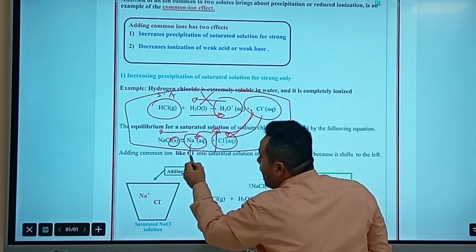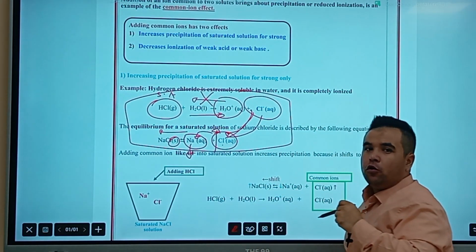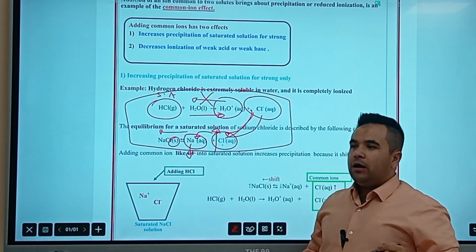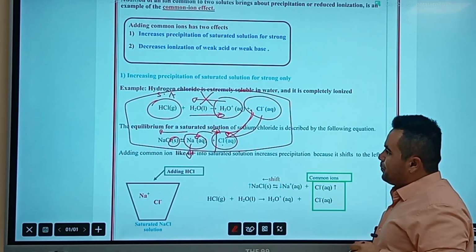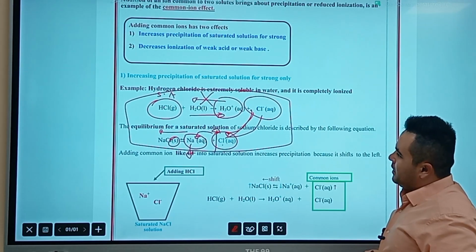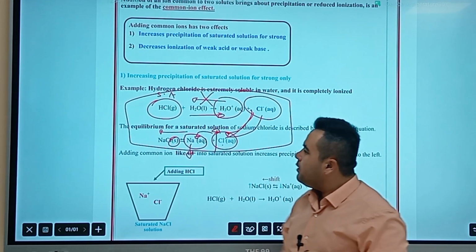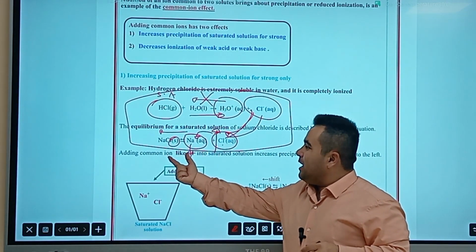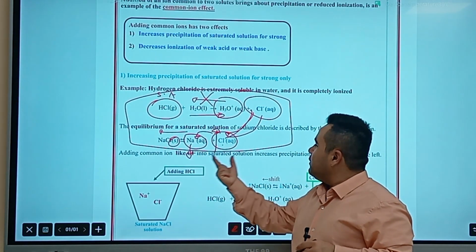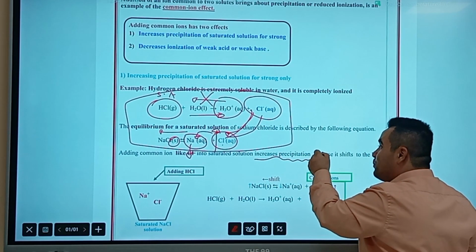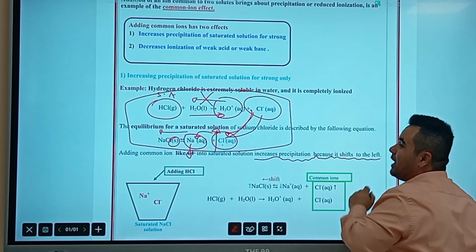What will happen to the other ion, the cation? It reduces, of course, because when we increase Cl, that consumes the Na. In total we can say the concentration of Na reduces and the precipitation of NaCl increases. Adding a common ion like Cl into a saturated solution increases precipitation because it shifts to the left.